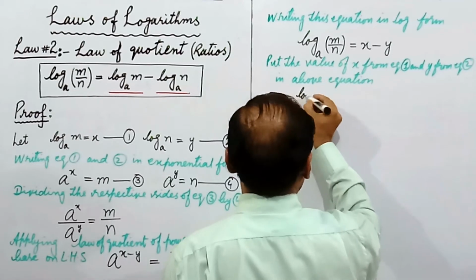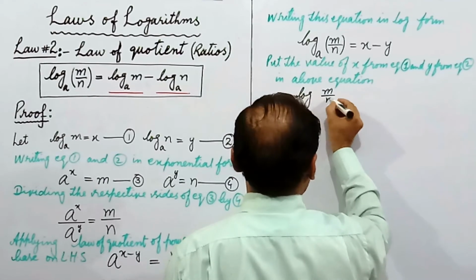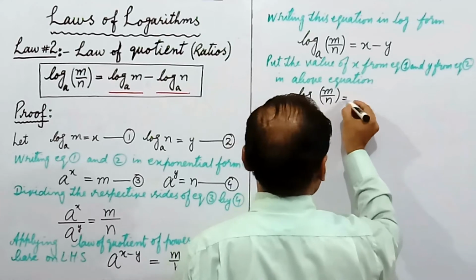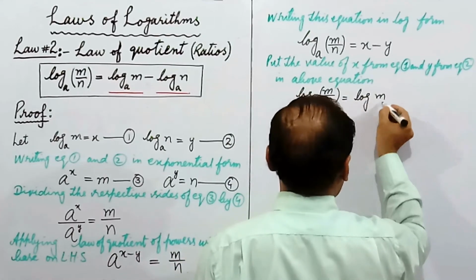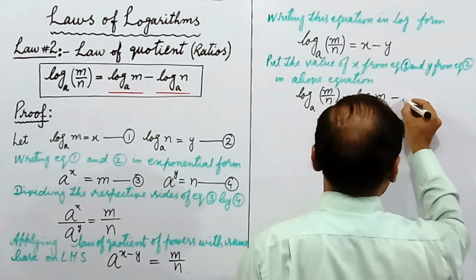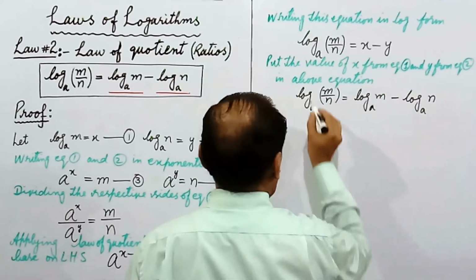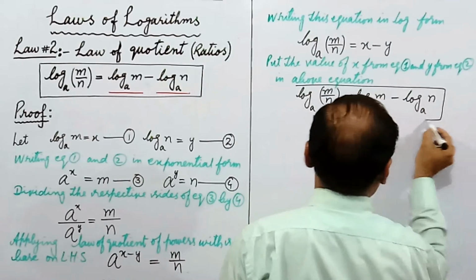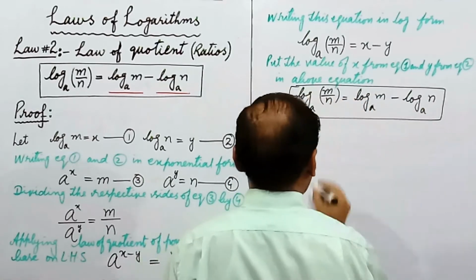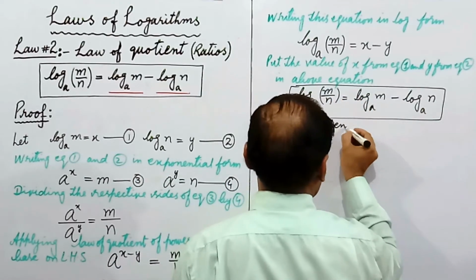We have log m over n to the base a equal to log m to the base a minus log n to the base a. Hence it is proved.